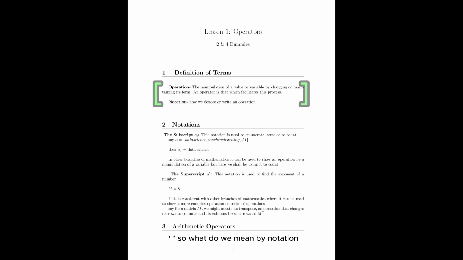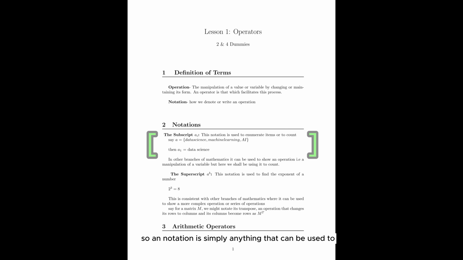So what do we mean by notation? Notation is how we denote or write this kind of operations. There are two broad categories of notations, and these are divided into the subscript and the superscript.